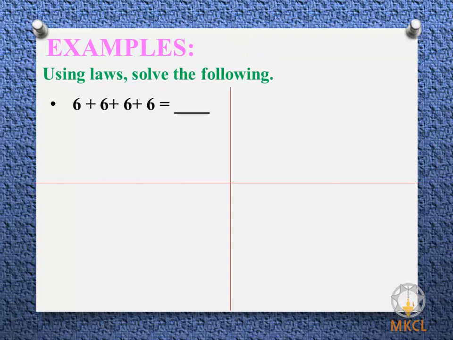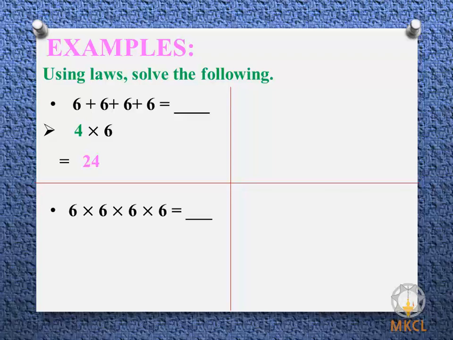First example, 6 plus 6 plus 6 plus 6 is equal to 4 into 6, 24. Here we add 6 4 times, so 6 plus 6 plus 6 plus 6 is equal to 24. Here 4 is called the coefficient.